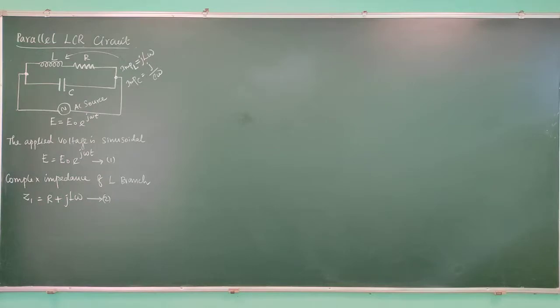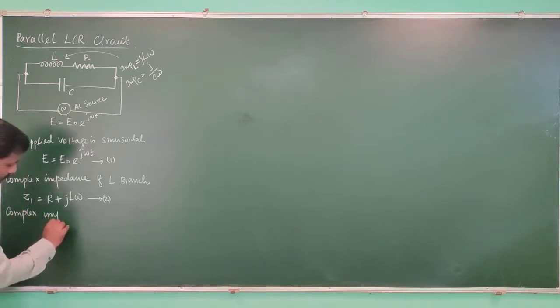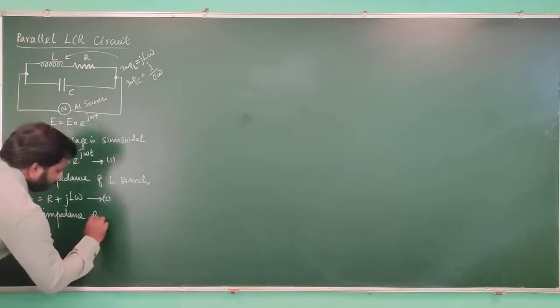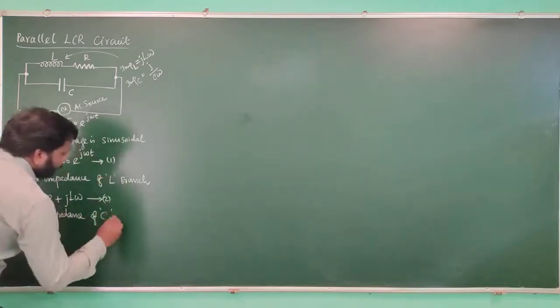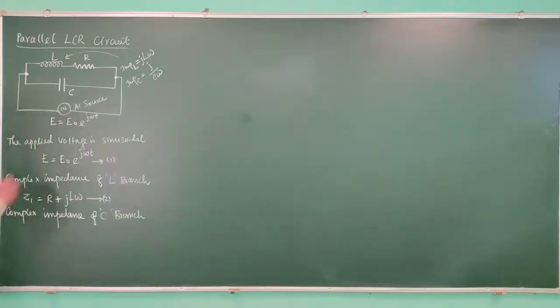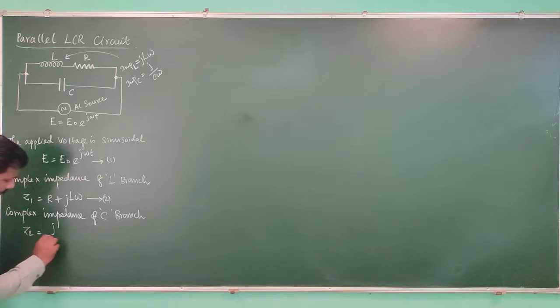Similarly, the complex impedance of the C branch, for the capacitor, we can write Z2, which is equal to j divided by C omega.